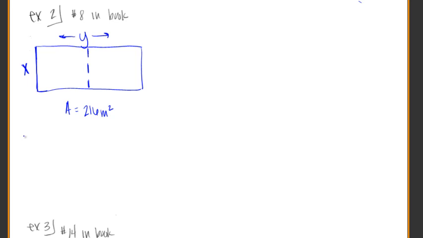I know that area is equal to length times width, so in this case x times y, and I know the area is 216. But I still have x and y in that equation, so let's see if we can get another one. This whole concept of what we're trying to do is find the perimeter, so let's see if we can get an equation for perimeter.